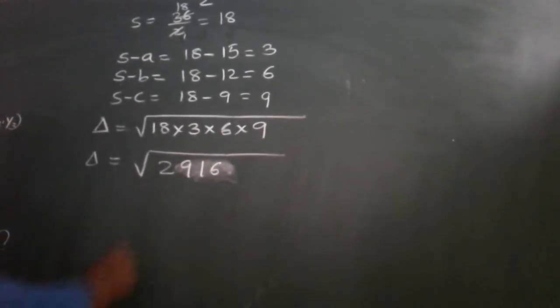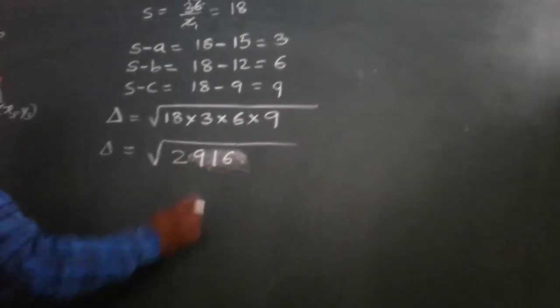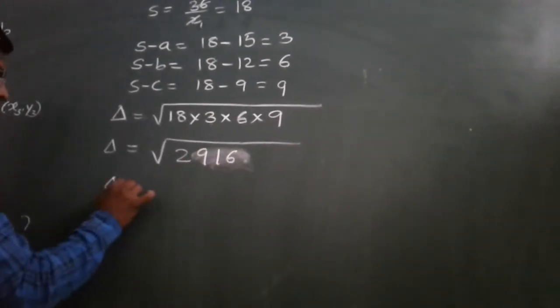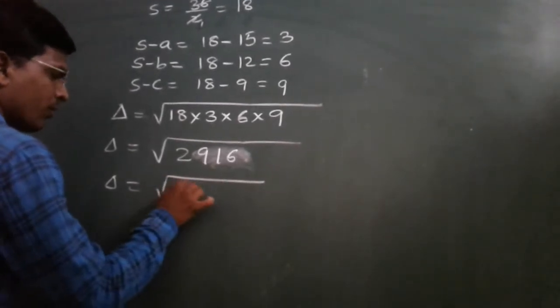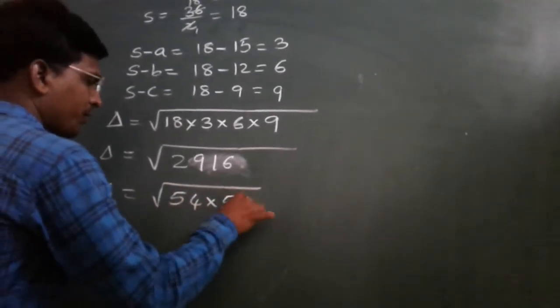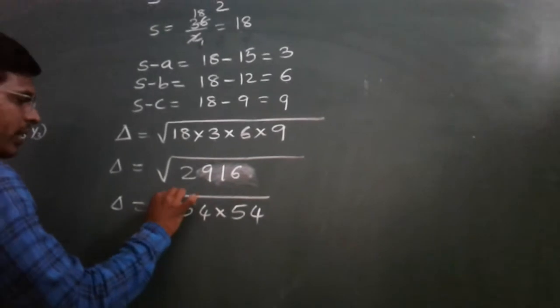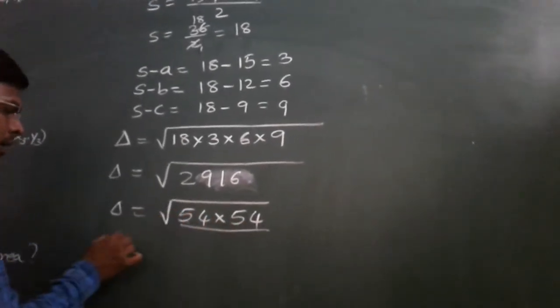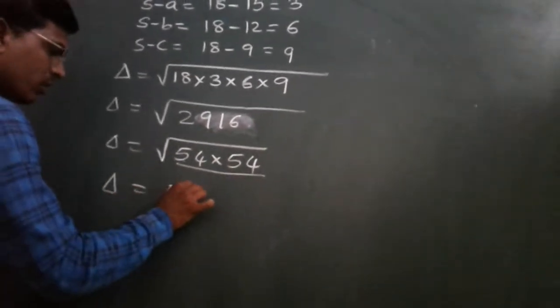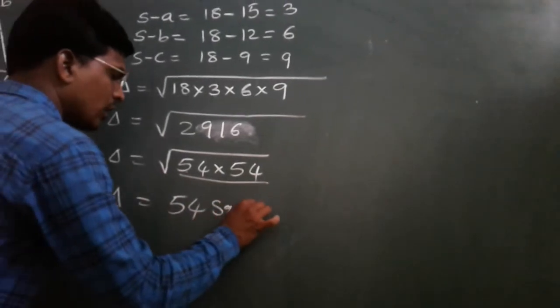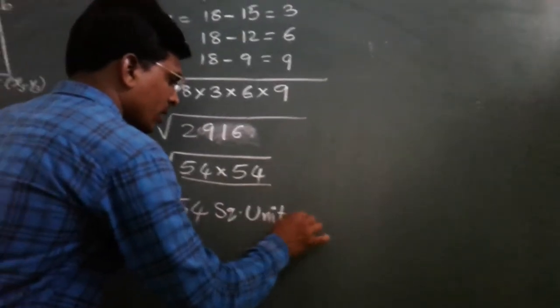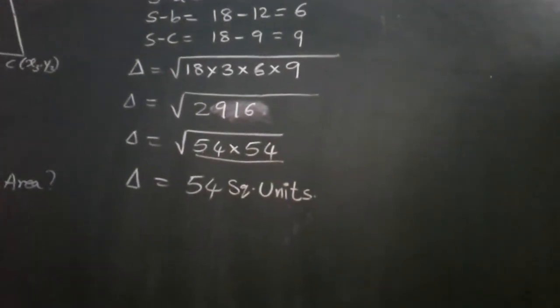So the square root of 2916, if you take prime factorization, is the square root of 54 into 54. For every same two numbers we can take one number out. So the area is 54 square units.